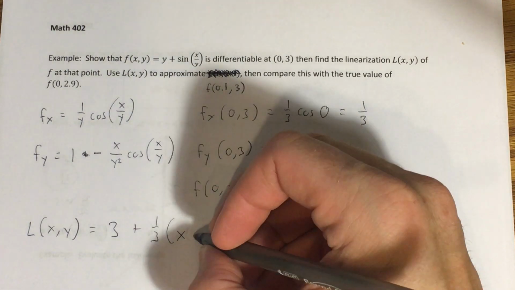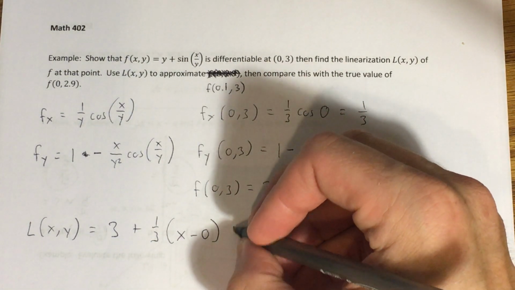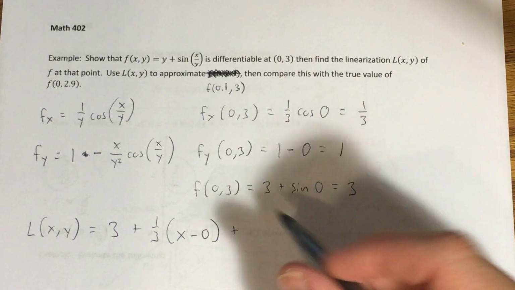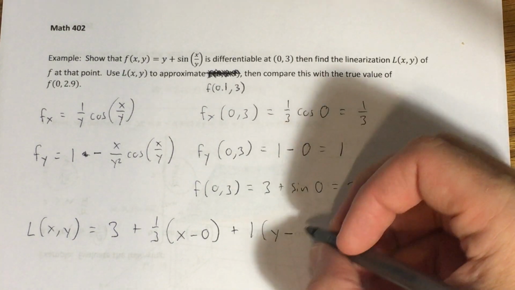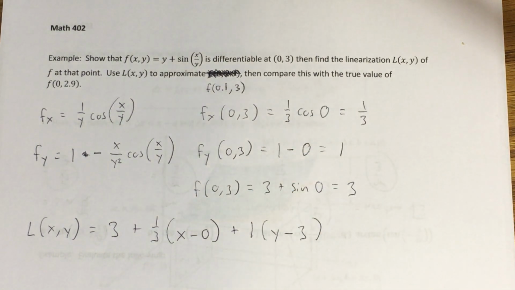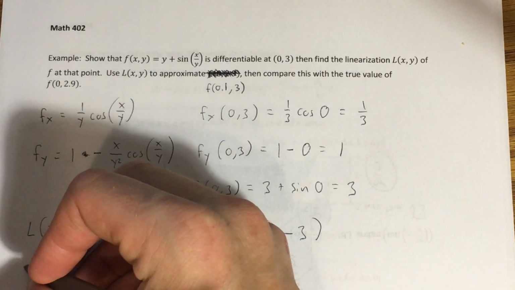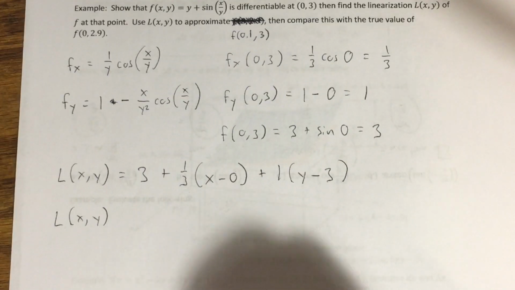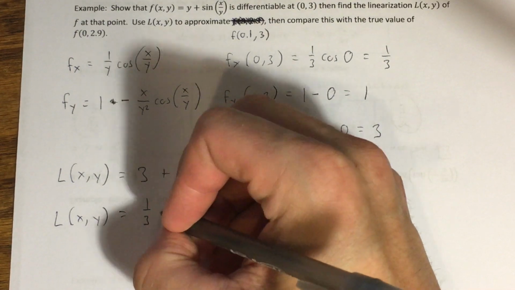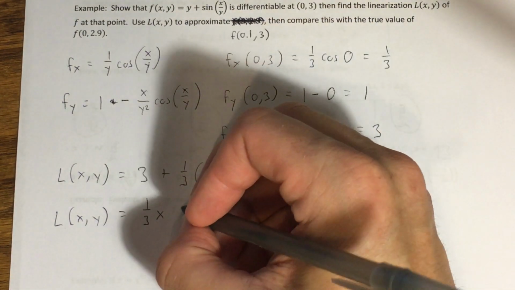What is a here? It's 0. Plus fy of (0, 3), which is 1, times y minus 3. Okay, so putting these together now, let's simplify a bit. Notice I'm going to have 3 plus 1/3 x plus y minus 3 after distributing the 1. So I have a 3 and a negative 3, which will cancel. This just becomes 1/3 x plus y.